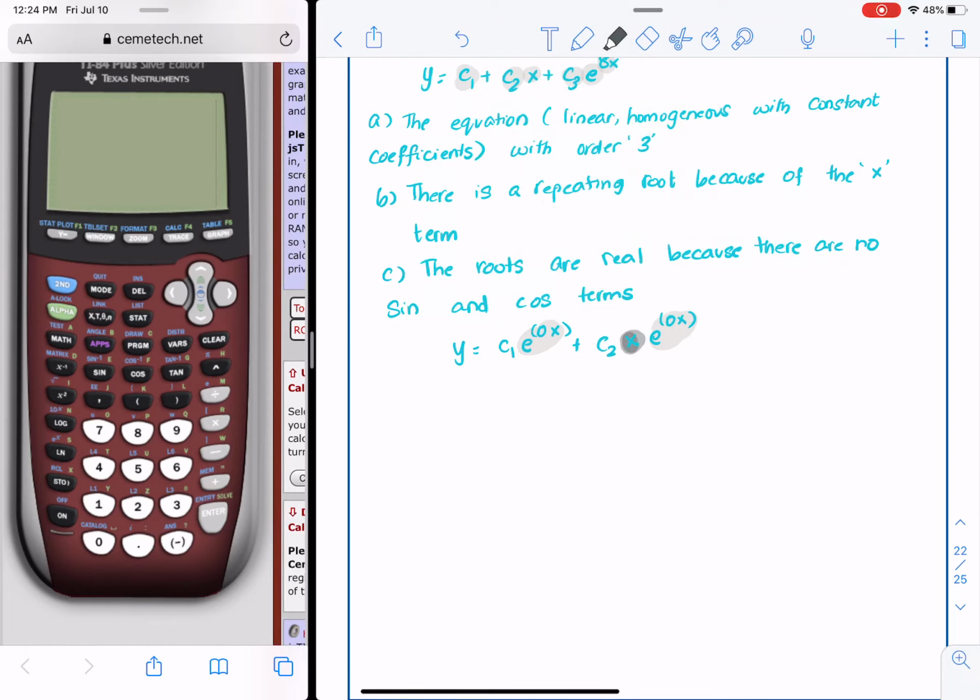So the repeating root is 0 and plus c3 e raised 8 times x. So m1 is 0, m2 is 0, m3 is 8. So I could write this as m minus 0 equals 0, m minus 0 equals 0, m minus 8 equals 0 are the three factors.